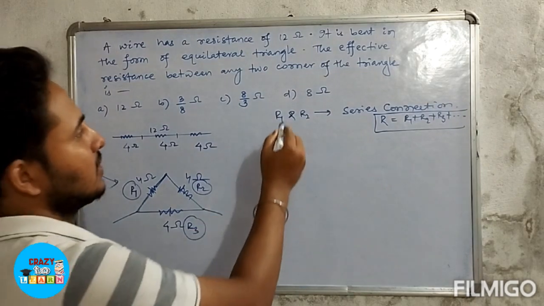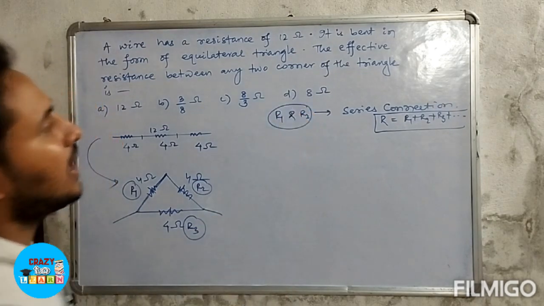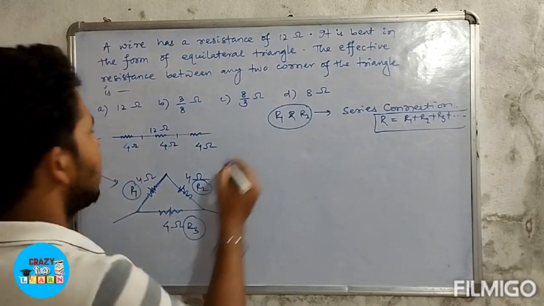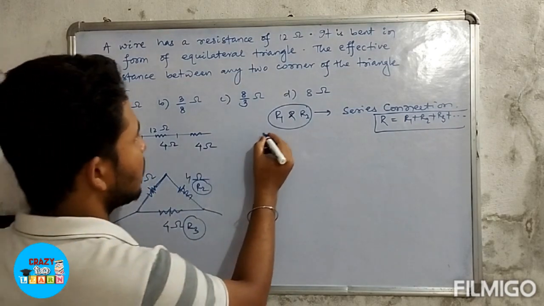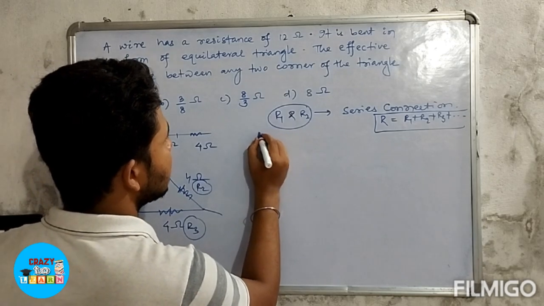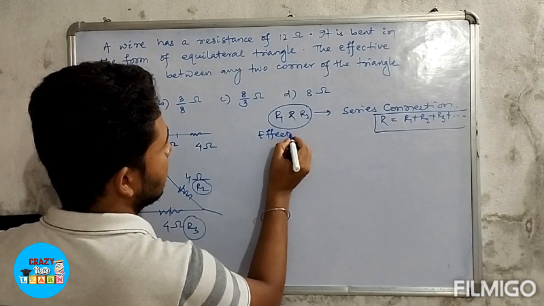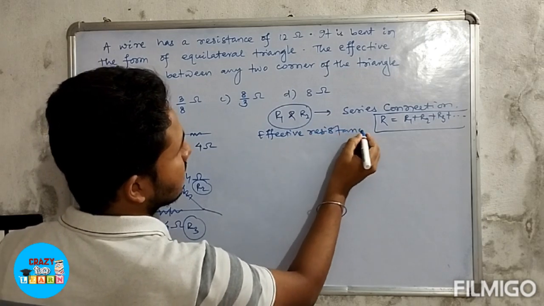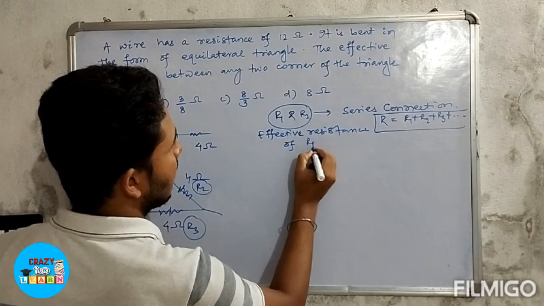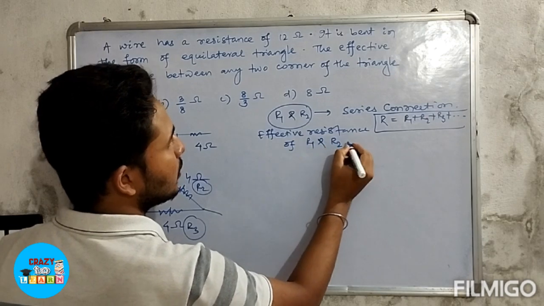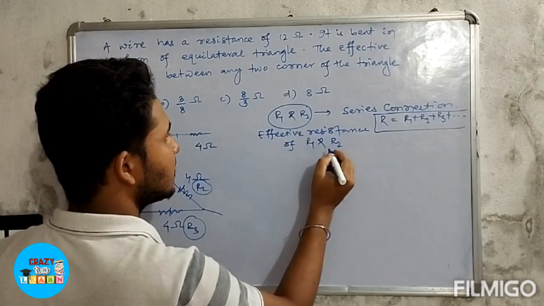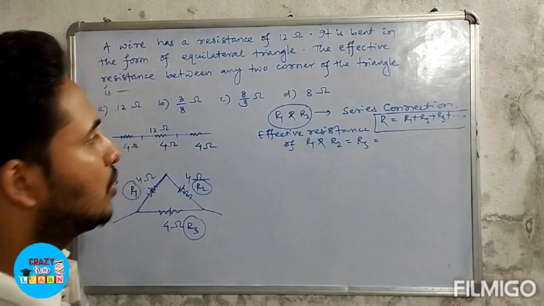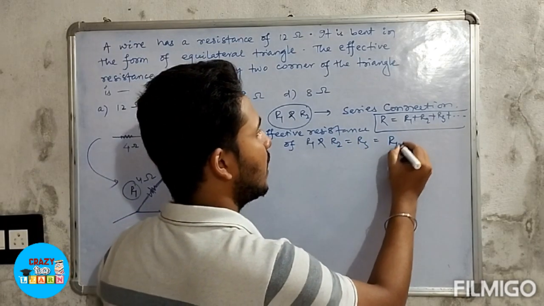As here only two resistors, R1 and R2, are connected in series, take the effective resistance of R1 and R2 as RS. RS is equal to R1 plus R2.